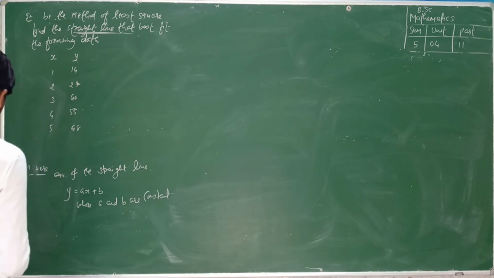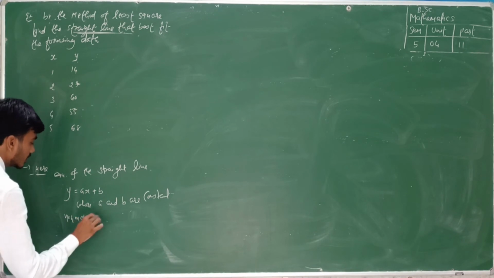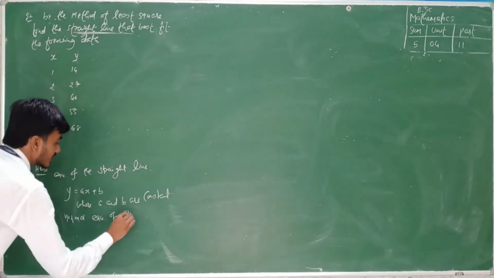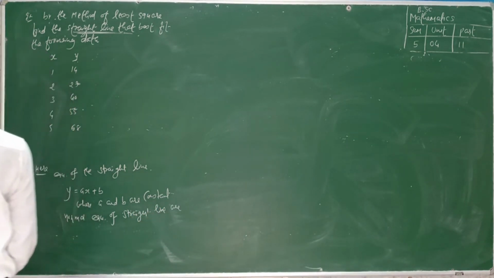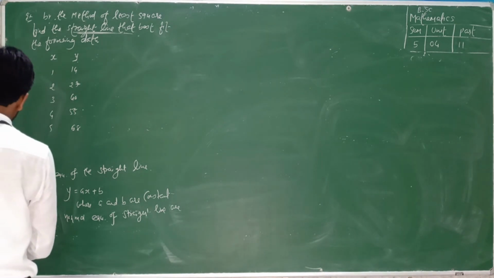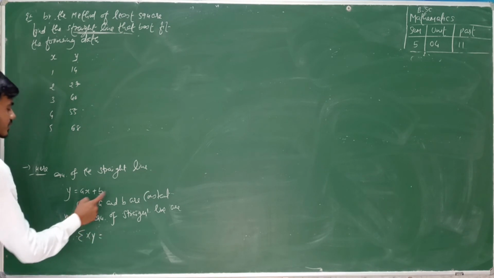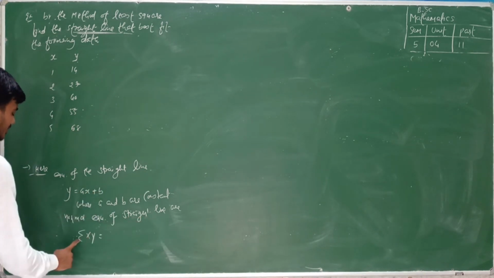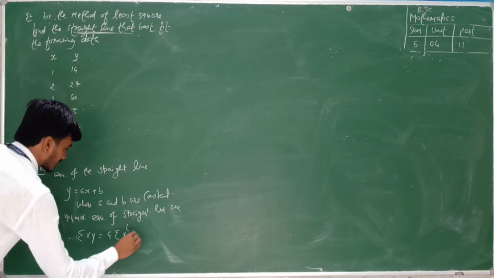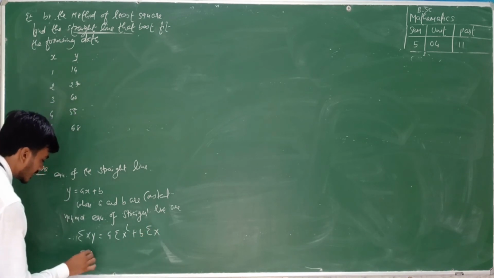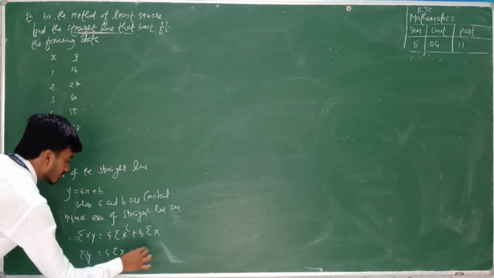The normal equations of the straight line are two equations: sigma xy equals a into sigma x square plus b into sigma x, and sigma y equals a into sigma x plus b into n.